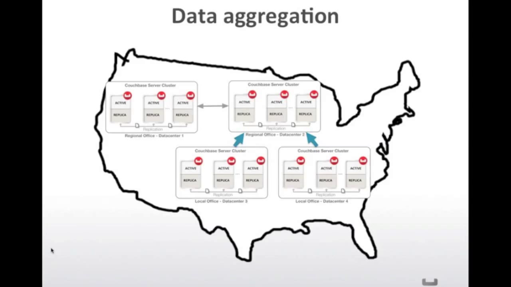So you have aggregation of data. Now you could also imagine the reverse of this, which is data propagation. You have the main regional offices, and you are sending data from the main regional offices down to your local offices. So you could do that as well. In that sense, you could have different types of topologies.